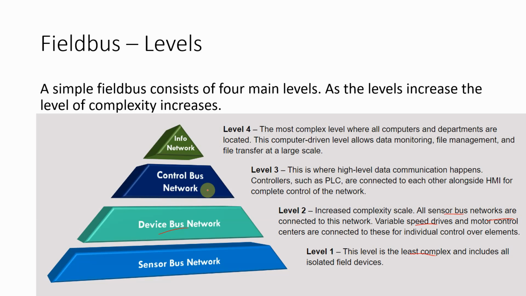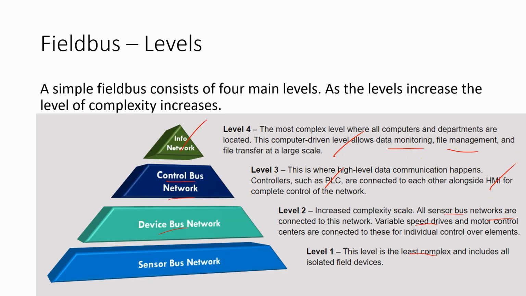Next is the control bus network, where all the higher level data comes in, such as your PLCs and HMI. And the highest level, of course, is the information network, the IT portion that allows you to do data monitoring, file management, and so on and so forth. These are the four levels of network.